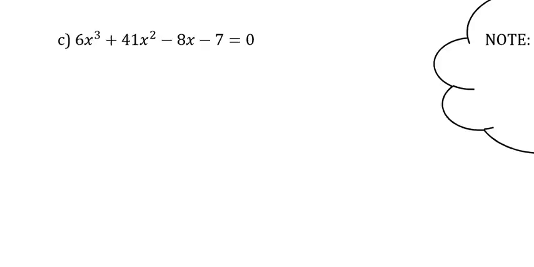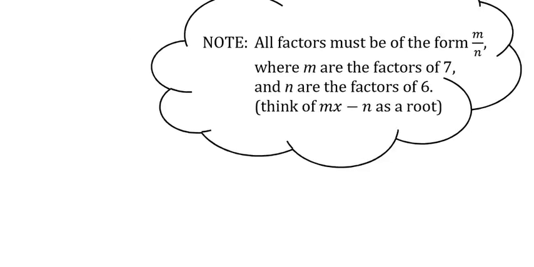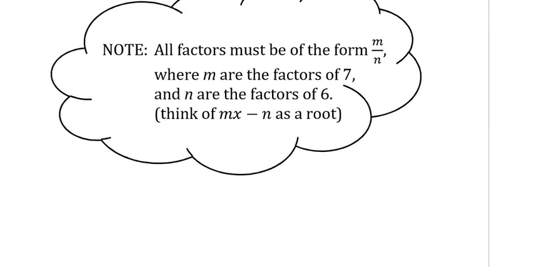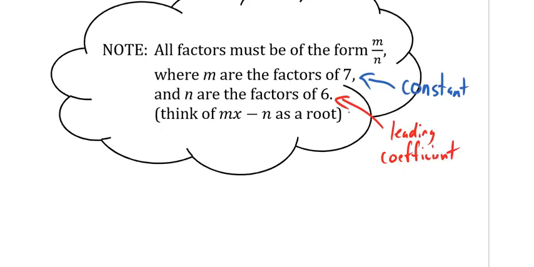Okay, what this is saying is, any of those must be of the form m over n, where m is the factors, or could be all the factors of 7, which is the constant, in this case. So I'm using a particular example here, but if it was a different question, m, the one that goes on top, is the constant, and n, the denominator, is the leading coefficient, which is 6 in this case.